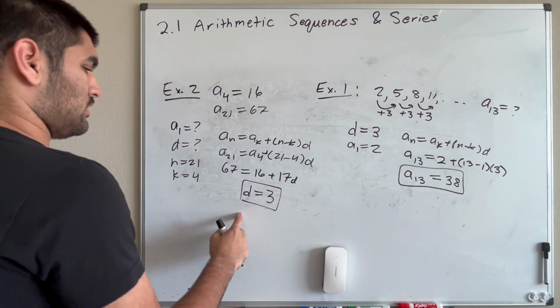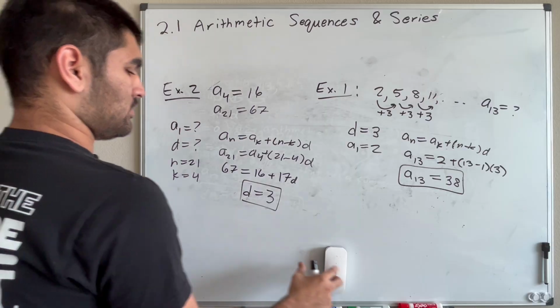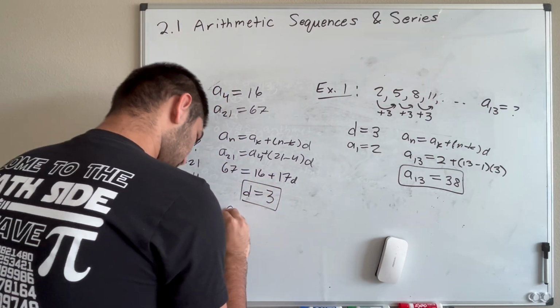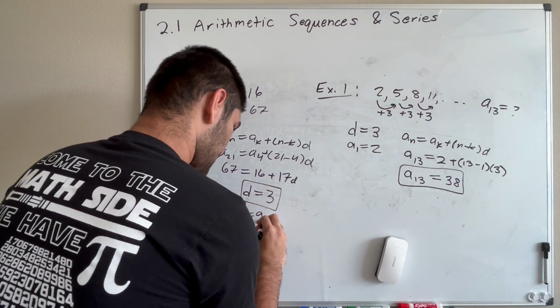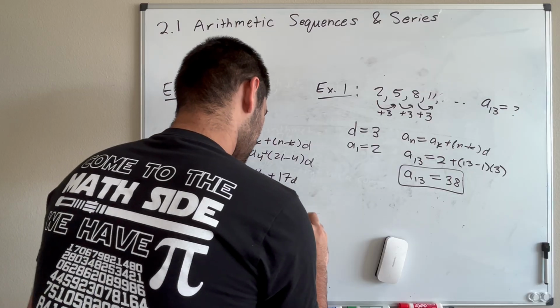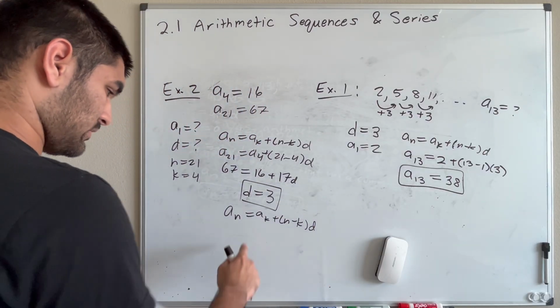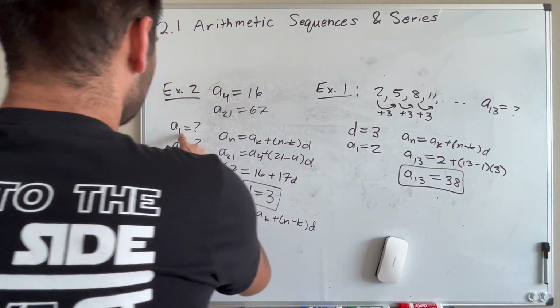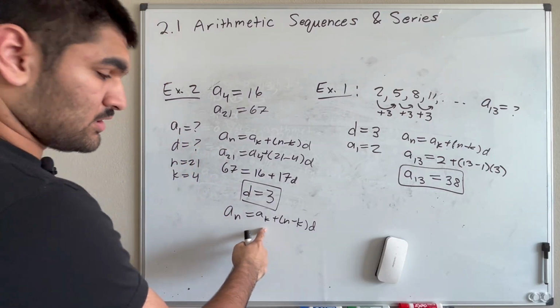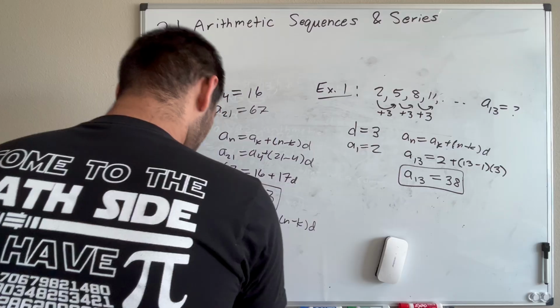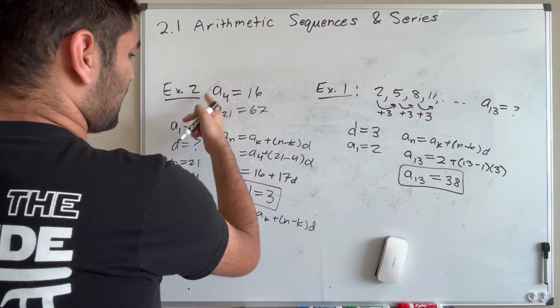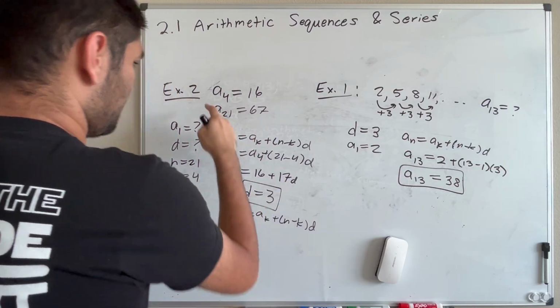Okay, and now to get a1, we can simply repeat this process. So we have a_n is equal to a_k plus n minus k times d, and we want a1, so that means k has to equal 1, and for a_n, we can use either a4 or a21, it's up to you, but let's use a4.